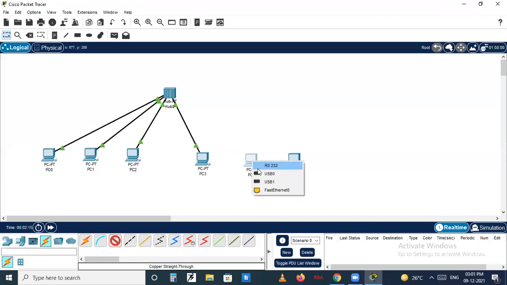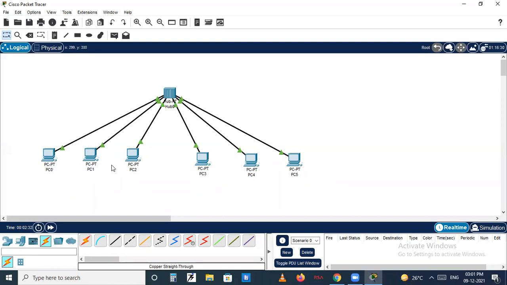You can connect to any one of the available ports. Then you go here, fast Ethernet, and green means it is ready to start communication.